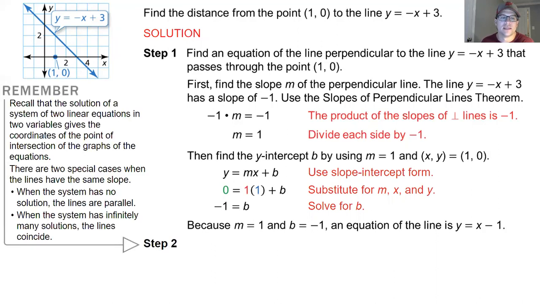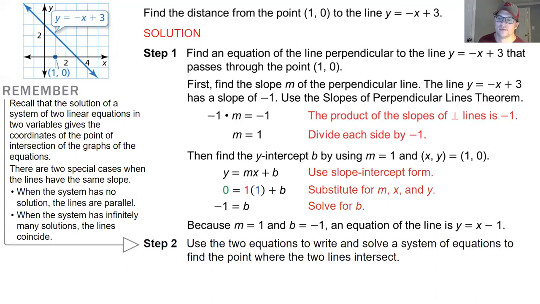Then we need to find the distance. So we're going to use those two equations to write and solve a system of equations to find the point where those two lines intersect, or where those two lines cross.